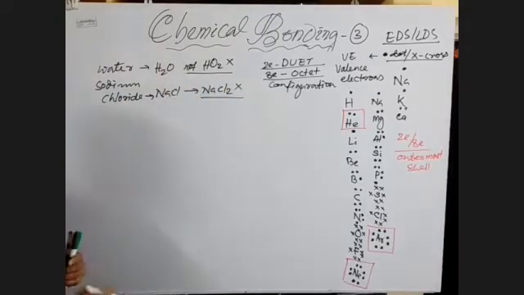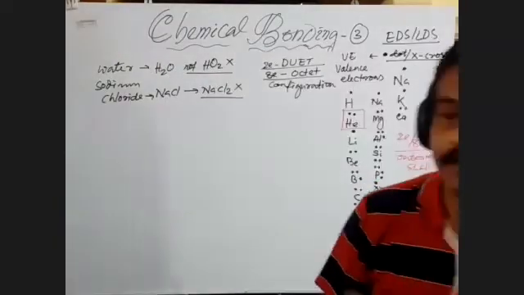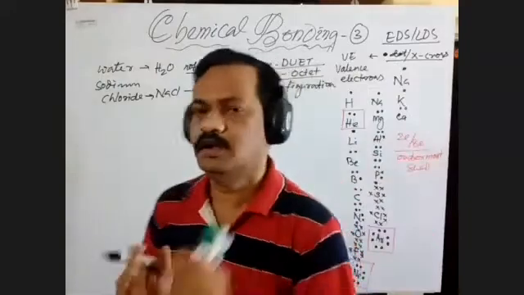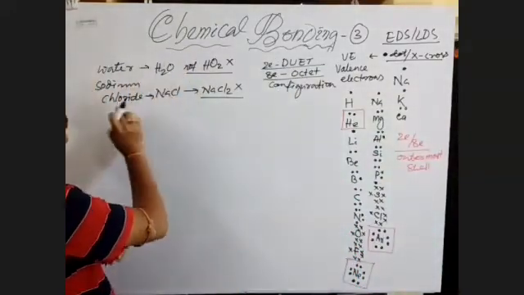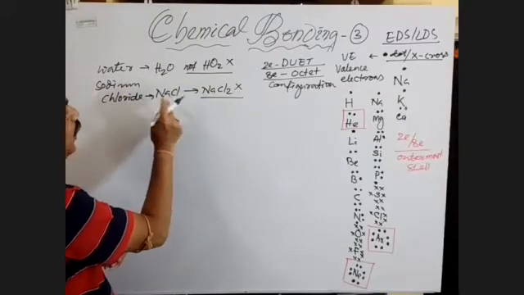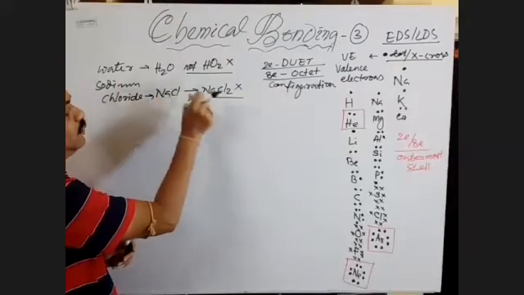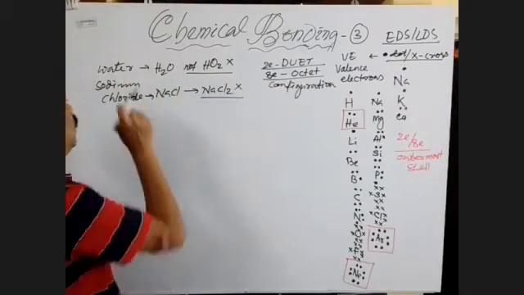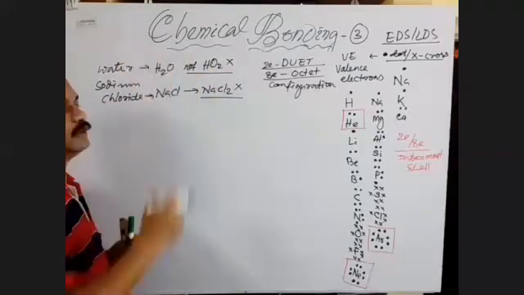So today our topic of discussion is the theory prescribed by G.N. Lewis and Kossel. Why does sodium chloride have the chemical formula NaCl instead of NaCl2, and why does water have the formula H2O, not HO2?